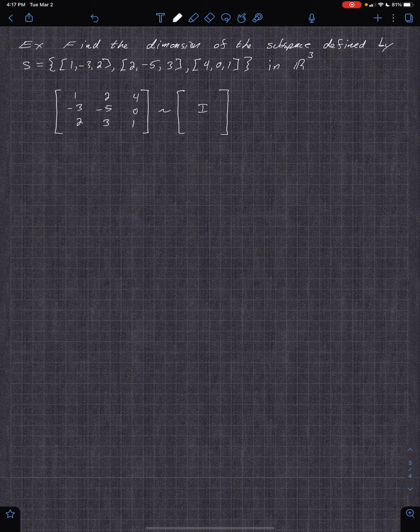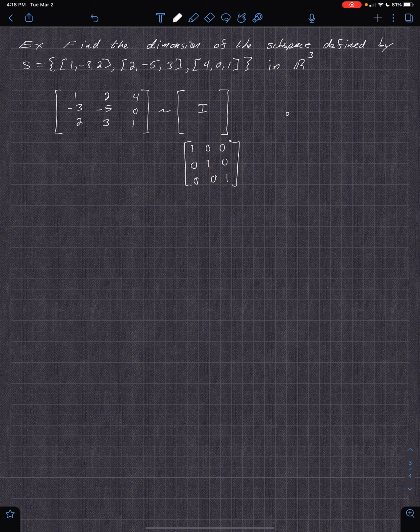You get the identity matrix this time: 1 0 0, 0 1 0, 0 0 1. So each row contains a pivot and each column is a pivot. You look at that diagonal: pivot, pivot, pivot. There are 3 of them, and so the dimension is 3.